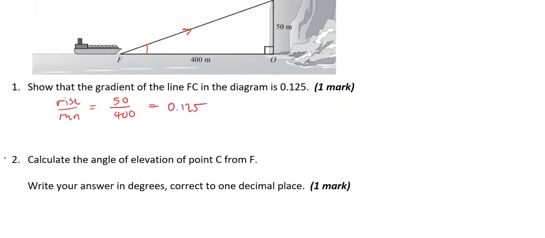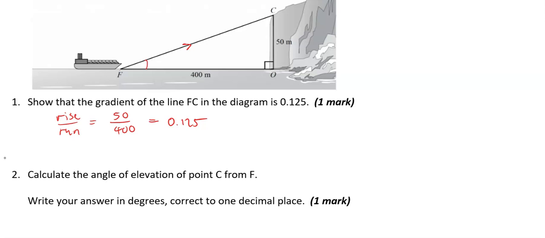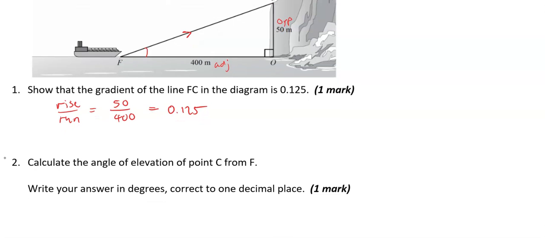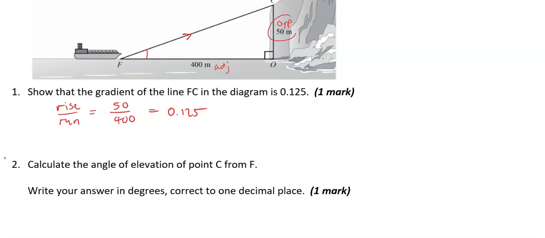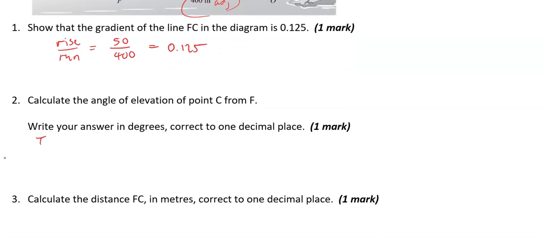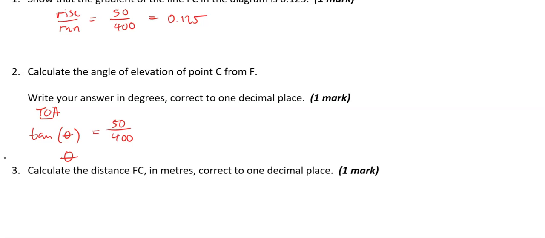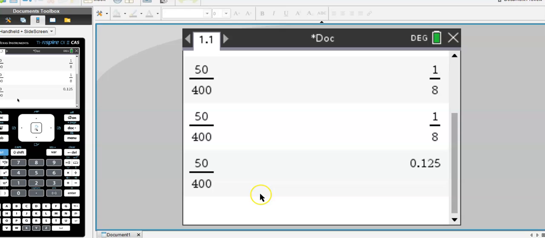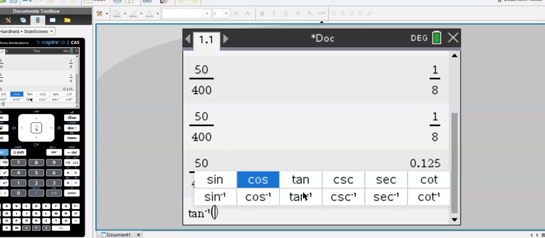Okay, so we've got our right angle triangle, we've got the opposite side and the adjacent side. So we're going to use TOA, because we've got opposite and adjacent. So that means that tan of the unknown angle is equal to the opposite side, which was 50 over 400, and therefore the angle is tan minus 1.